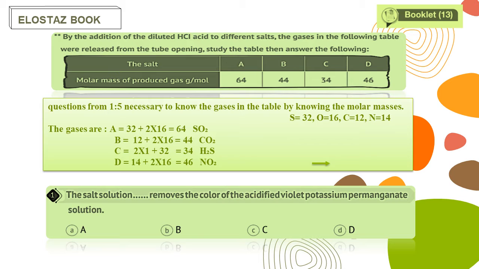So we use one of these gases: sulfur dioxide, carbon dioxide, nitrogen dioxide, or hydrogen sulfide.